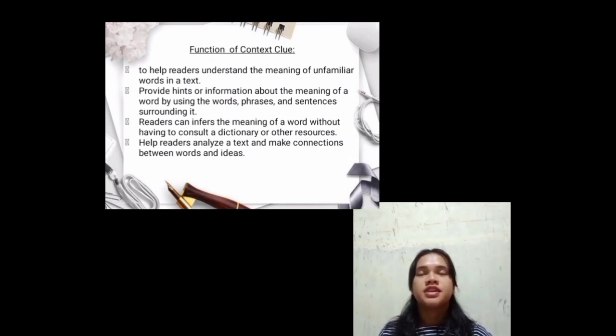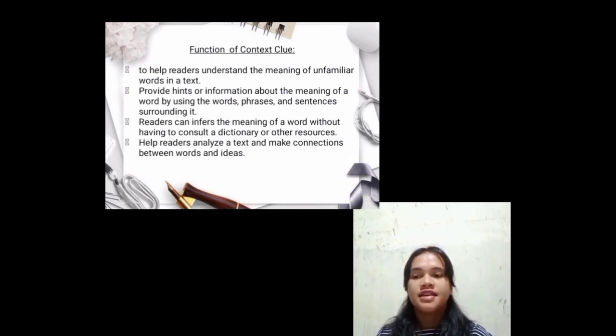Is it true? Because like I said just now, the context clue can give information, so readers can know information about unfamiliar words without a dictionary or other resources.